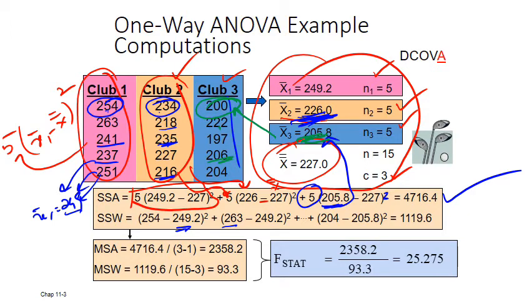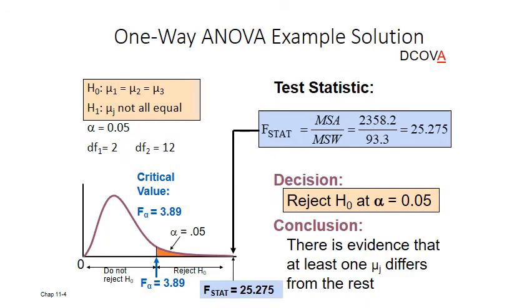206 minus this. So likewise we calculate SSW, and MSA is SSA over C minus 1, and MSW is SSW over N minus C, where N is 15. Similarly we can calculate the F stat, which is MSA over MSW.